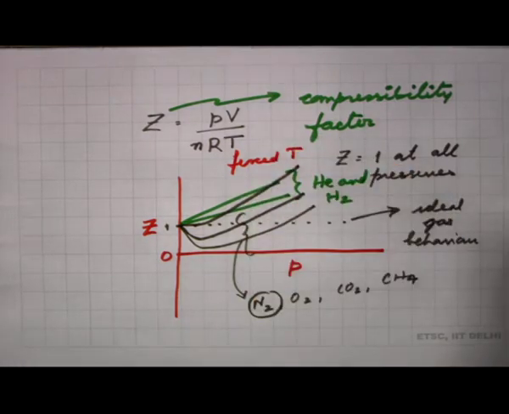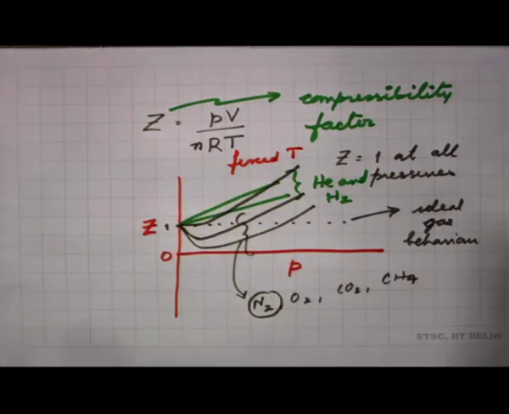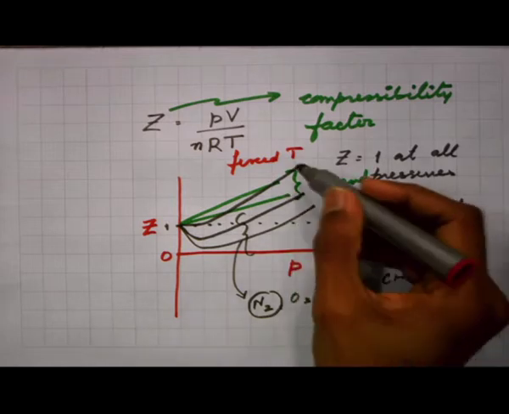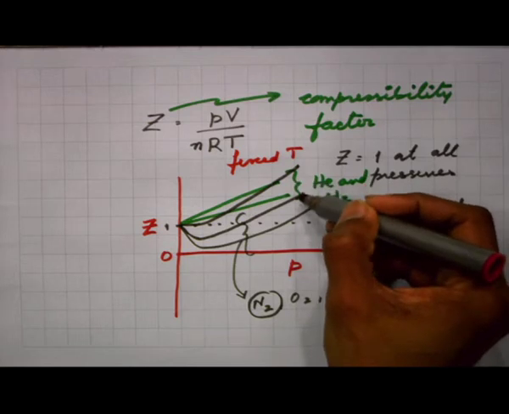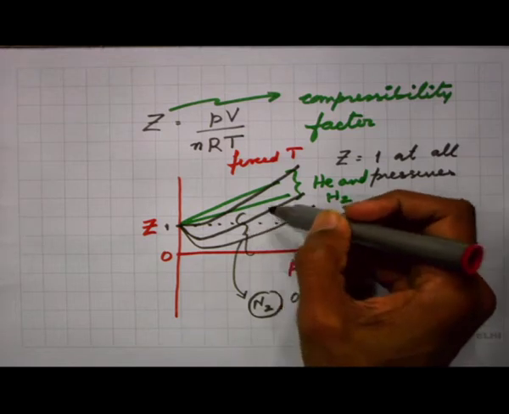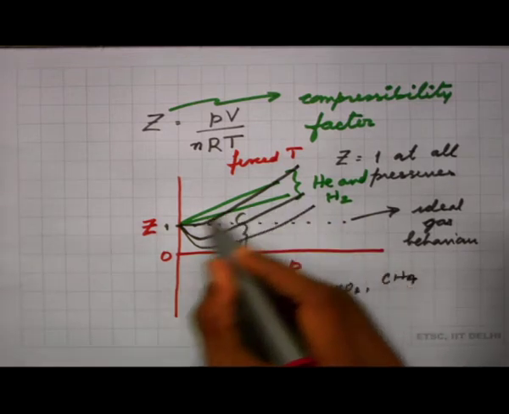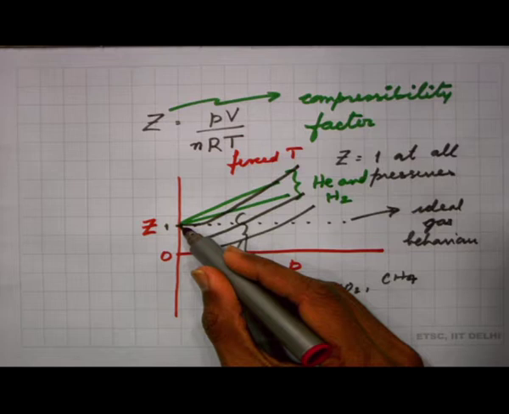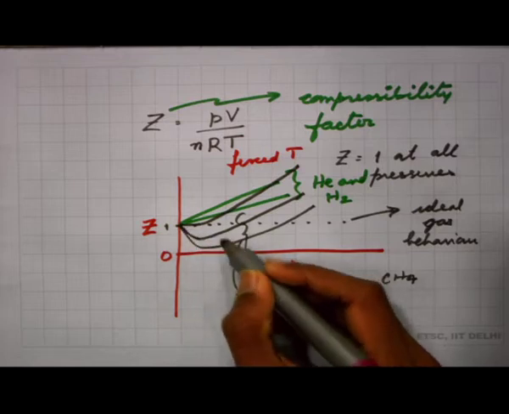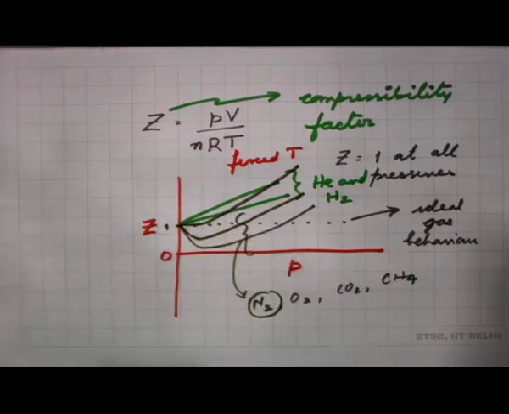So, if I drop this temperature from T, so this is about room temperature, now, if I drop the temperature to less, so you go down in temperature, what you will observe is that helium and hydrogen will also start to show the same behavior that is demonstrated by oxygen, carbon dioxide and methane, right. So, if you drop the temperature, all of them show this kind of behavior. The value of Z is less than 1 to begin with, and it drops. Well, it starts at 1 and it drops at low temperatures. At low pressures, for example, all gases behave ideally.